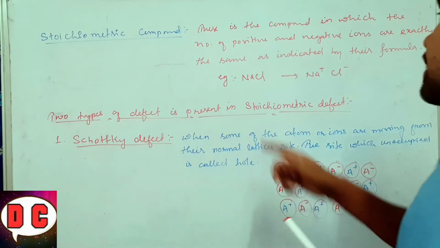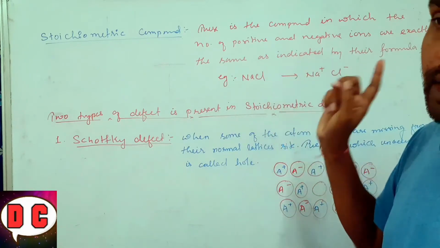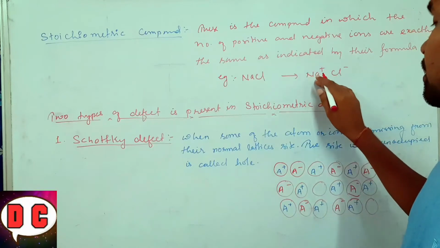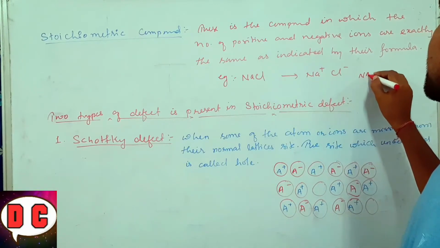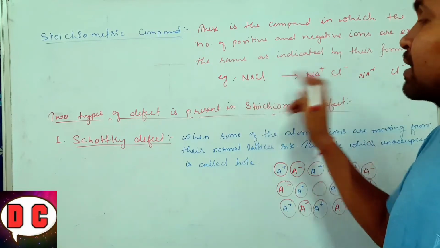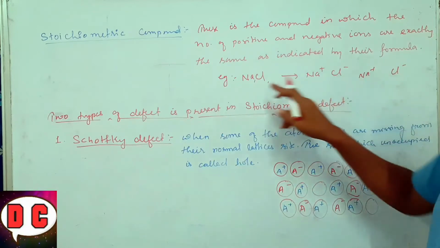For example, NaCl. In this formula it says Na is 1, Cl is 1. When you write their ion forms, it gives us Na positive, 1 positive, and Cl 1 negative. So the number of ions is exactly as indicated by their formula, and the charge is exactly as indicated by their formula.